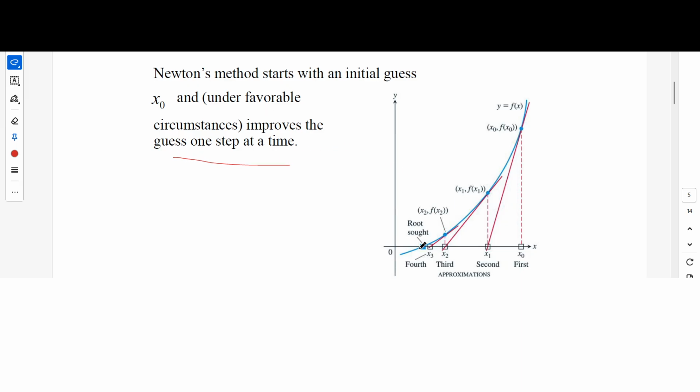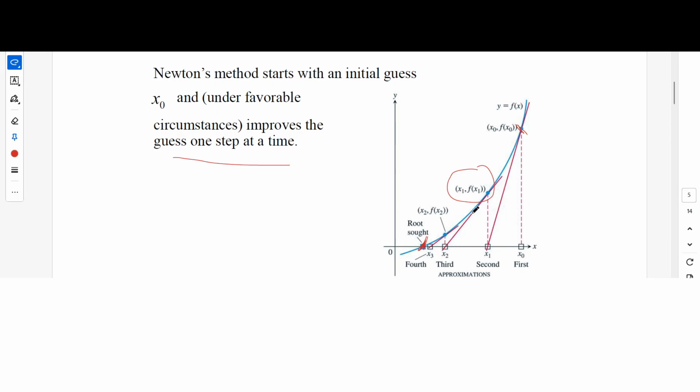So let's say this is what you want to find. That's the root of this curve. You start with, let's say, an initial value here. You draw the tangent line. You find another point x1, which is the point on the x-axis. Based on that point and the given function, you find the coordinate of the first point, x1 comma y1, which is the value of the function at x1.